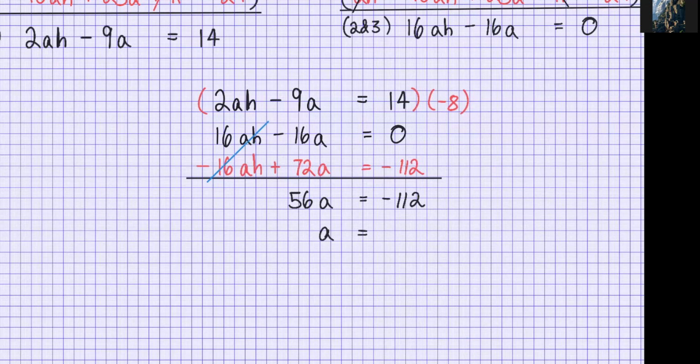So a will be negative 112 divided by 56, and this will be negative 2. So I have my first piece of information. I have that a equals negative 2.